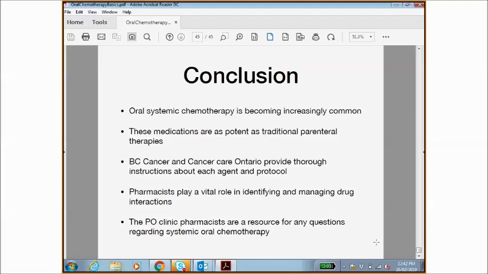Again, you can't necessarily check your normal interaction resources, but you can pull from that monograph to get some semblance of what's going on. And that's where there may be a trial that you might have to read. So it's not in a nice little compact way like BC Cancer, but you can get the information.